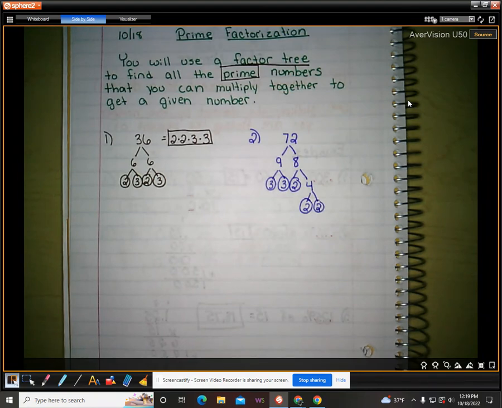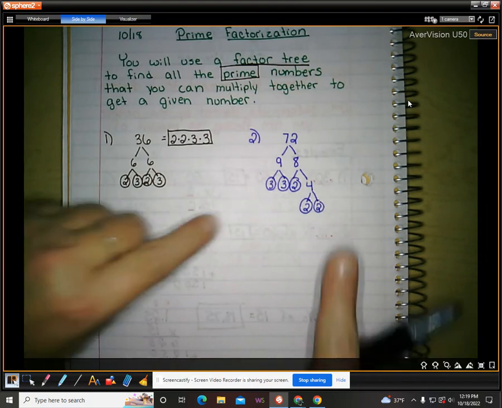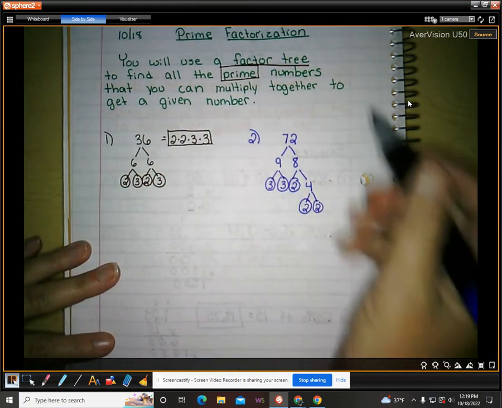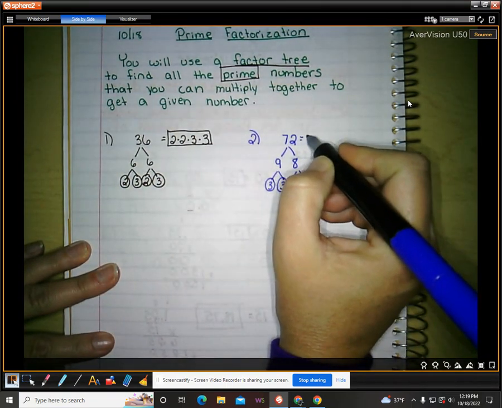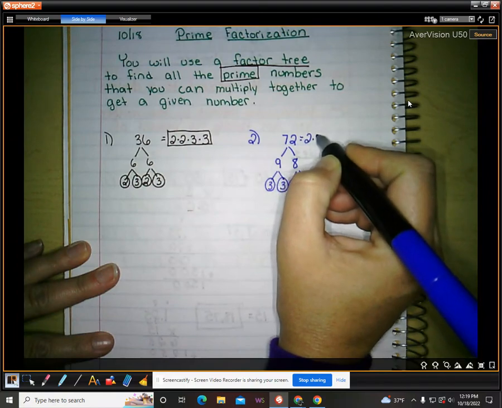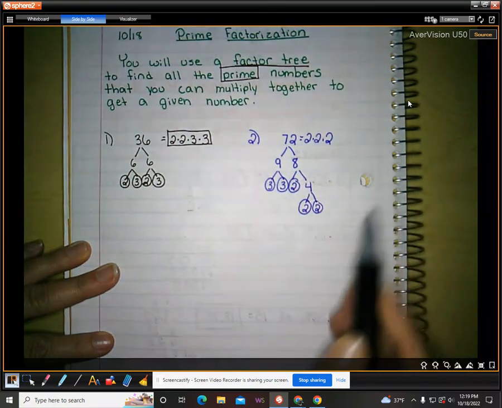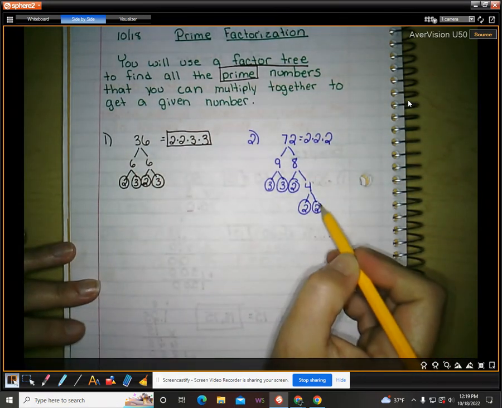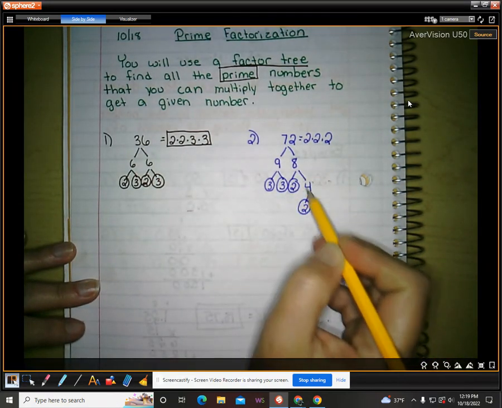Now, to write your prime factorization, you have to include all the circled numbers. There's 5 of them, and they need to go least to greatest. So the prime factorization for 72 would be 2 times 2 times 2, because I've got 3 2's. You could always gently cross them off if you're afraid of forgetting one.